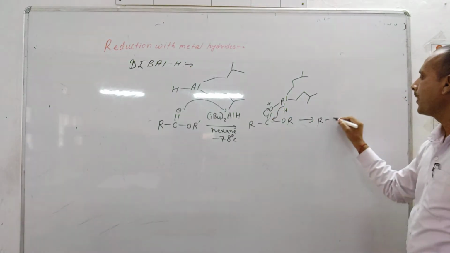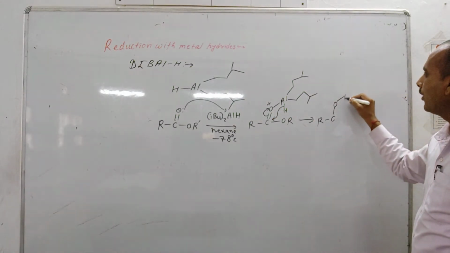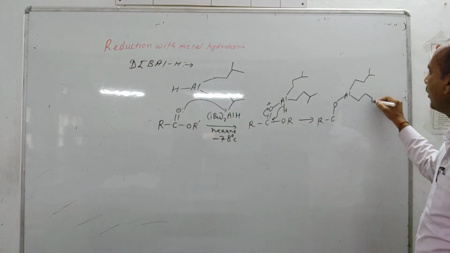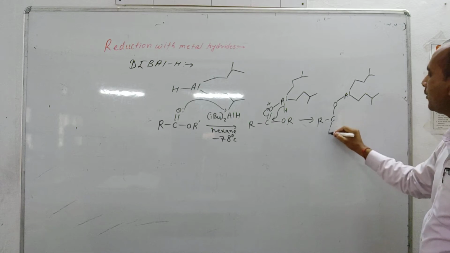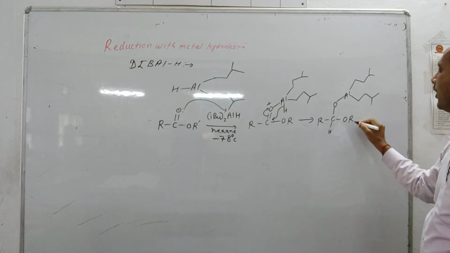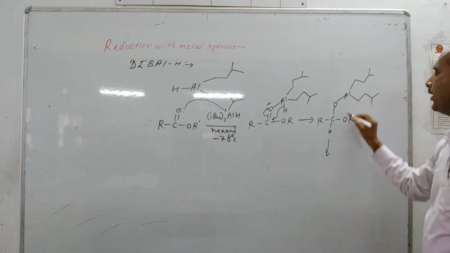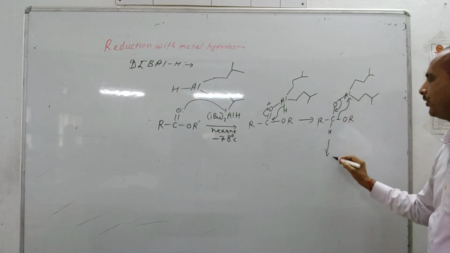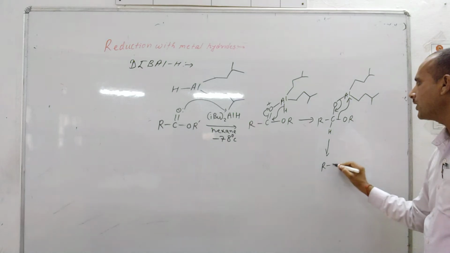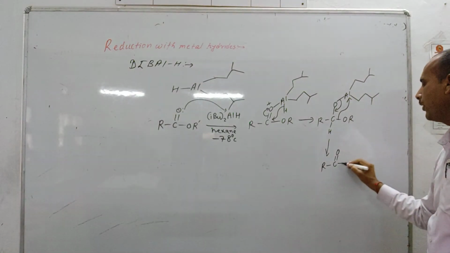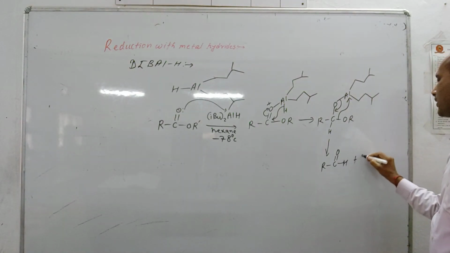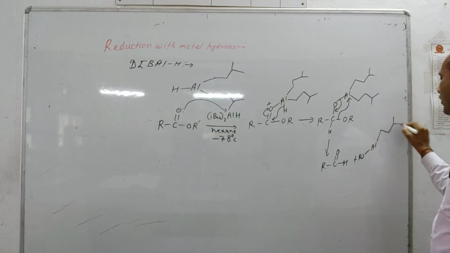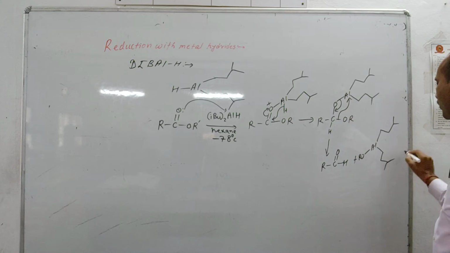So RCOAl, H and OR. Then finally this bond shifts, and it forms RCHO aldehyde plus ORAl diisobutyl.